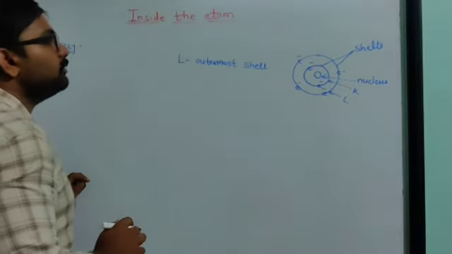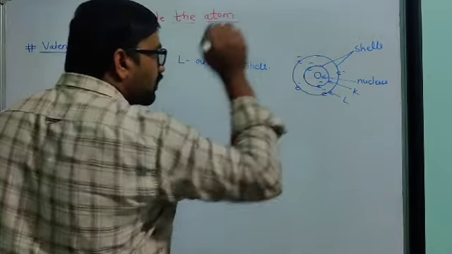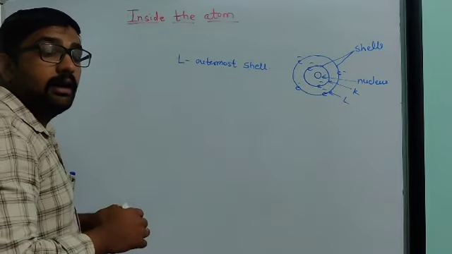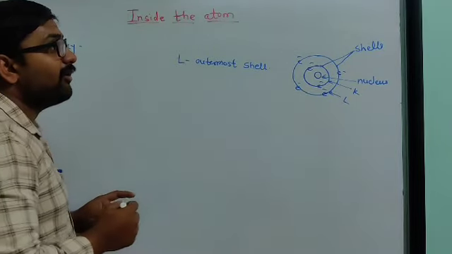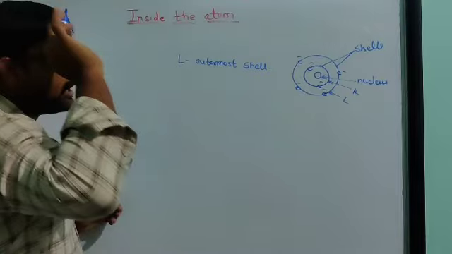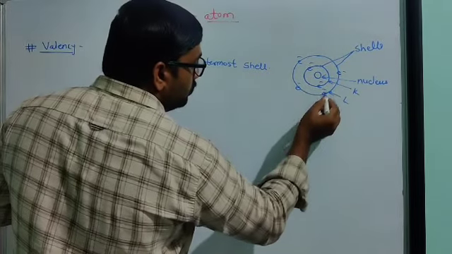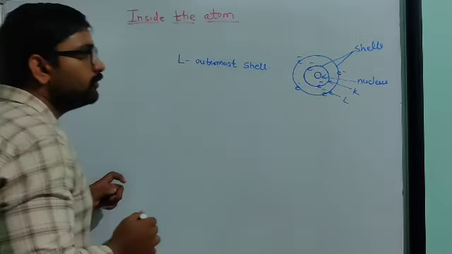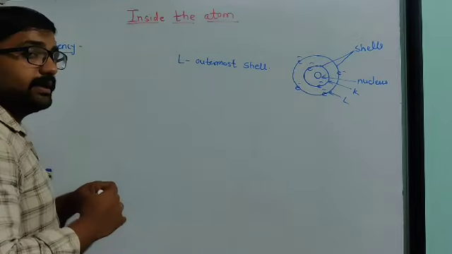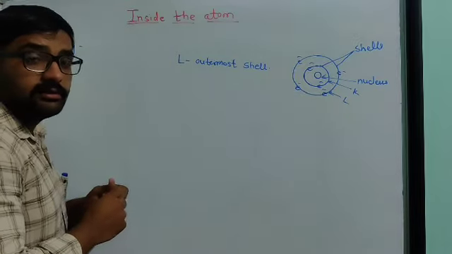And look, 4 electrons are present in the outermost shell of this atom. How many electrons? Look at 1 2 3 4. So these 4 electrons are present in the outermost shell.